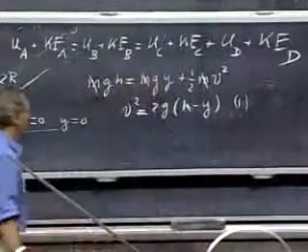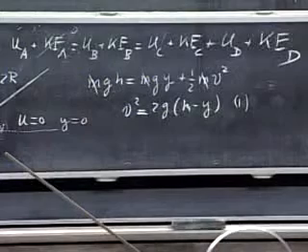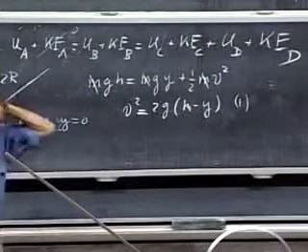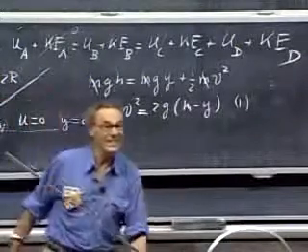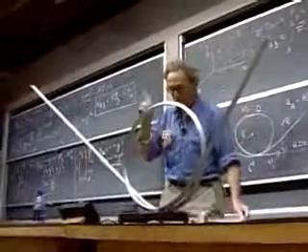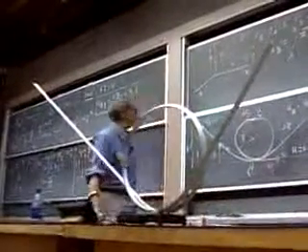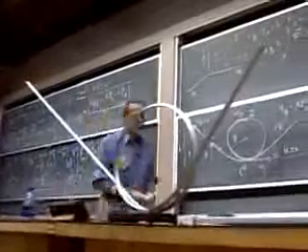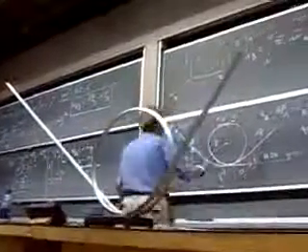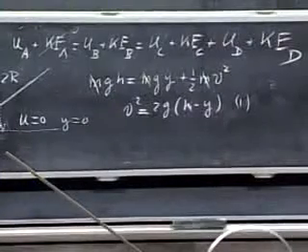So this should hold for all these points. Therefore, it should also hold for point D. However, at point D, there is something very important. There is a requirement that there is a centripetal acceleration, which is in this direction.